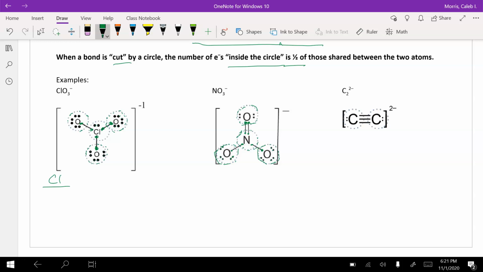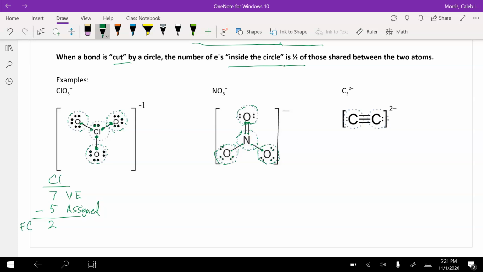So that means it's got 7 valence electrons. And I'm going to subtract the number inside the circle, which was 5. 7 minus 5 gives us a formal charge of 2.